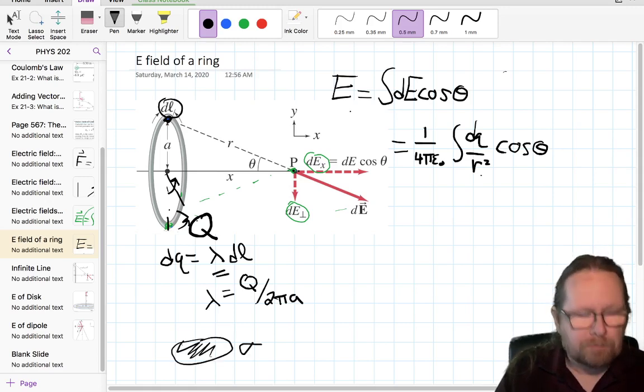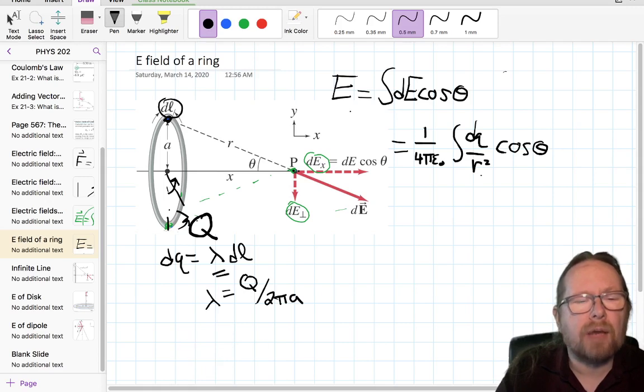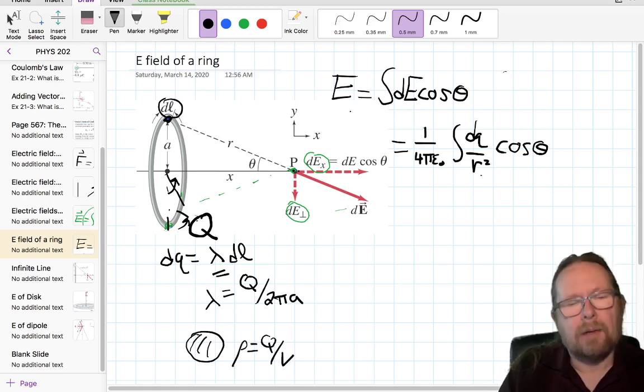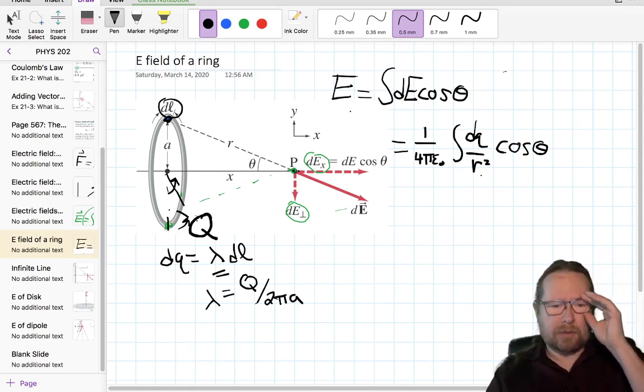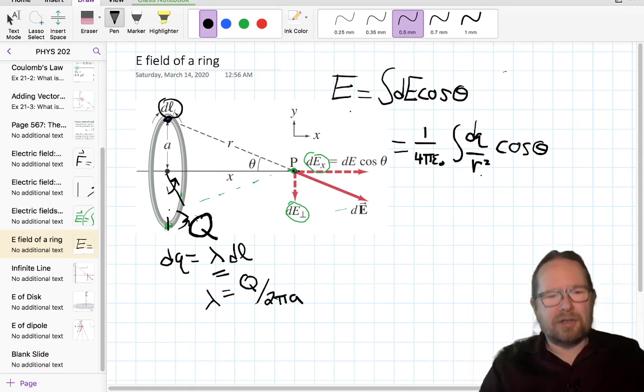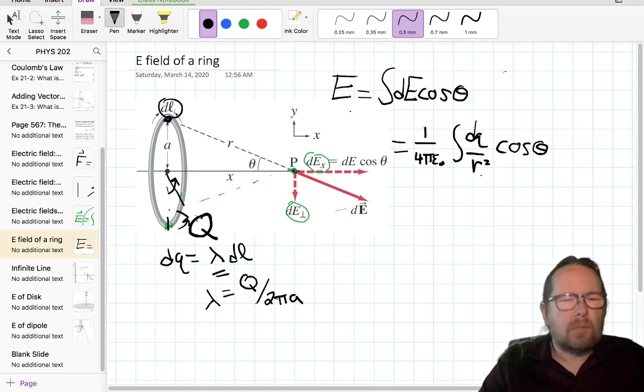In situations where you've got a three-dimensional object, a volume of charge, we'll usually use rho to stand for the charge per unit volume. That's just a convention we use. We use different symbols for density, whether it's a linear density or an area density or a volume density. So the charge density of this is equal to the total charge divided by the total length, which is just 2 pi a, the circumference of the ring.